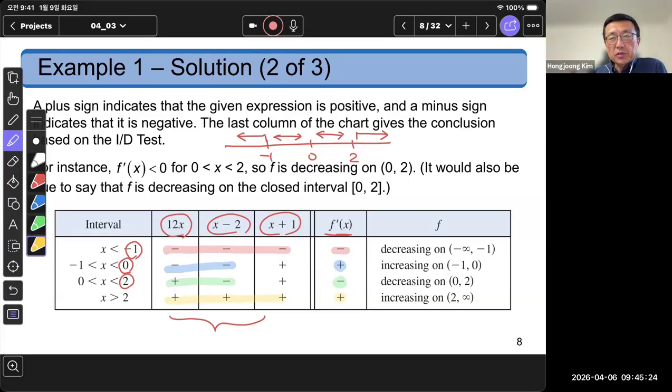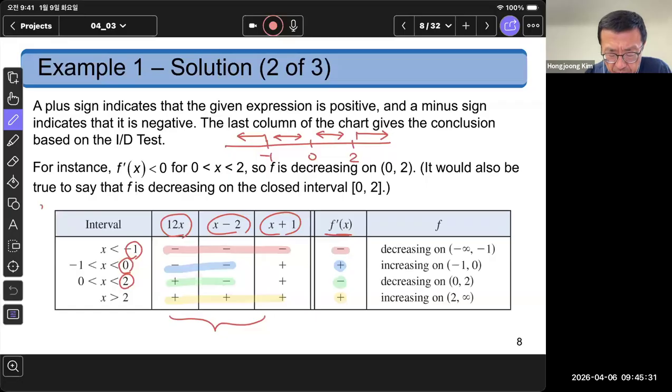So once you get this sign for f prime, step 2 constructs this table. You first split the real number line into these pieces at those points you found from step 1. And then you fill the table. You need to determine the sign, the plus or minus, of each term.